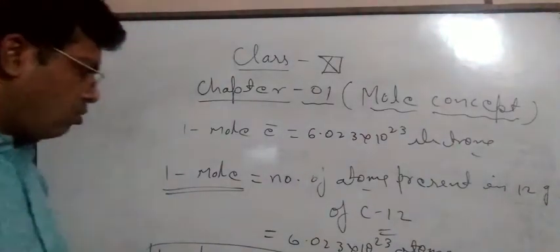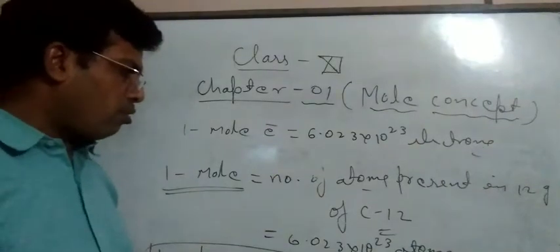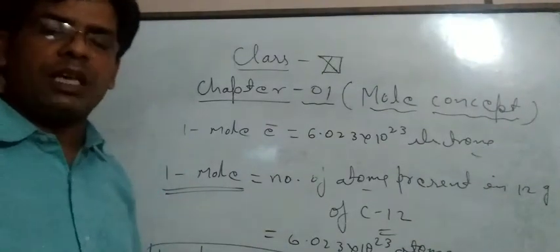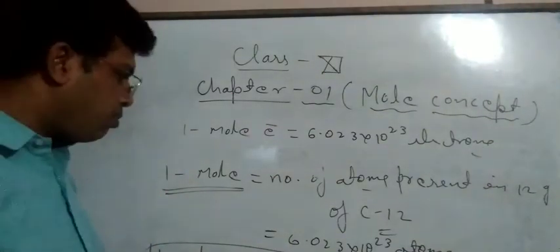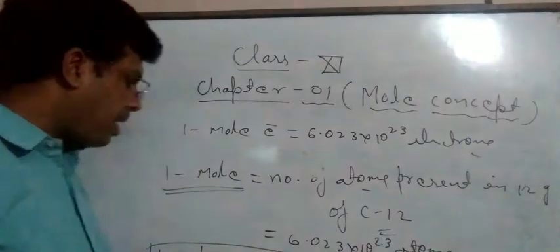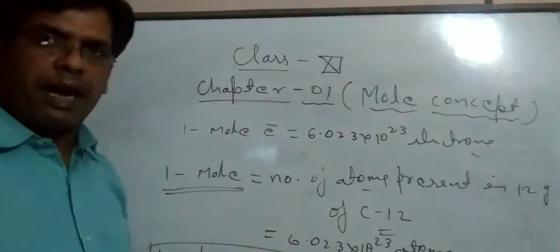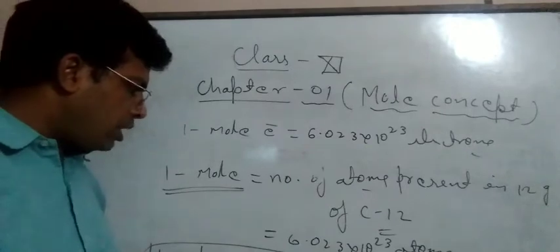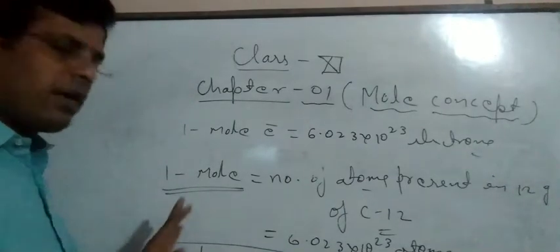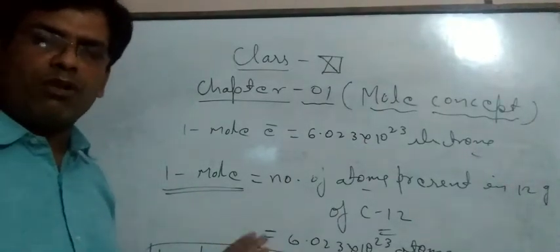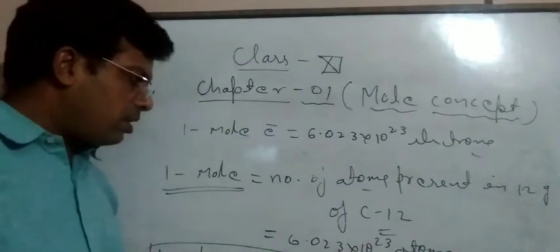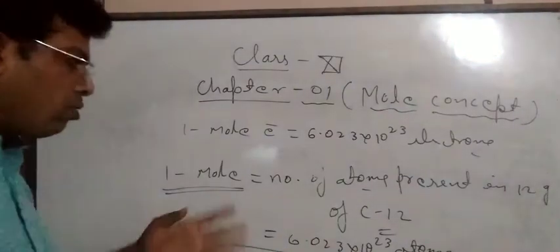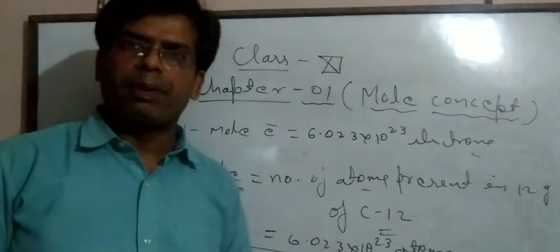So 1 mole is equal to 6.023 into 10 to the power 23 particles, or we can also say that the mass of 6.023 into 10 to the power 23 particles will be equal to 1 mole. Dear students, you should keep it in mind.